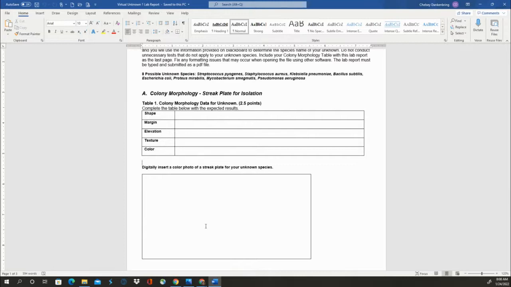Okay, now make sure you are always using microbiology terms. Okay, there were terms associated with colony morphology that I expect to see here. And you're going to include a picture of your colony as well. That way I can see it. I can make sure you're using appropriate terms, okay?